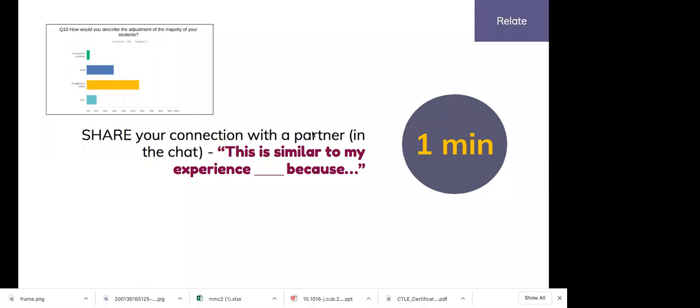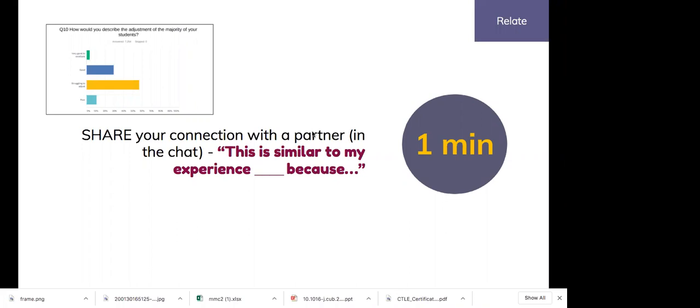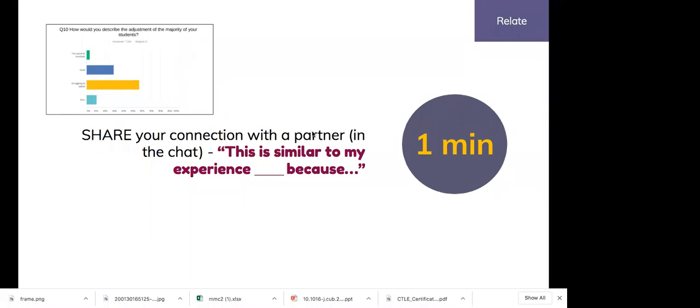Well, I saw that the yellow was like the biggest as far as, let me see, how would you describe the adjustment? Yeah, a lot of kids are not really adjusting very well to remote learning, whether it's the resources or sometimes kids actually need to have that teacher in front of them to feel like they can understand the material versus being in front of a screen.